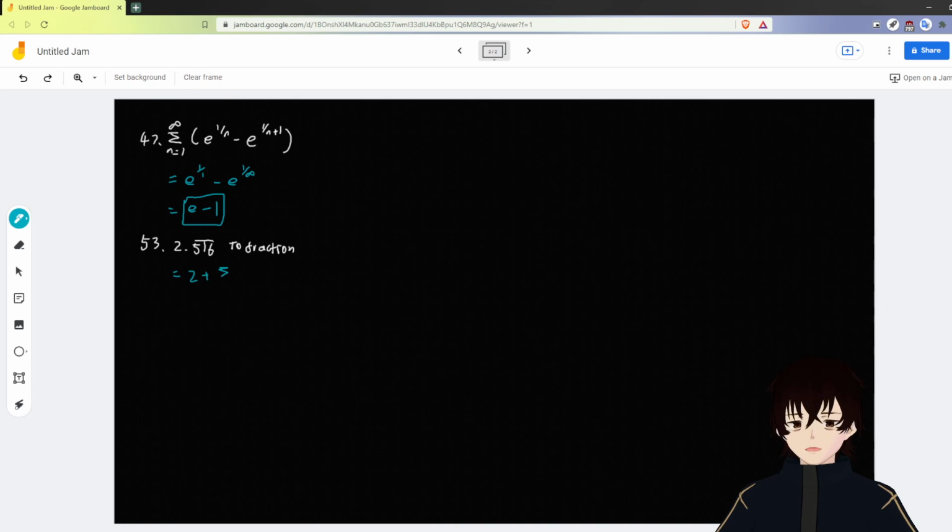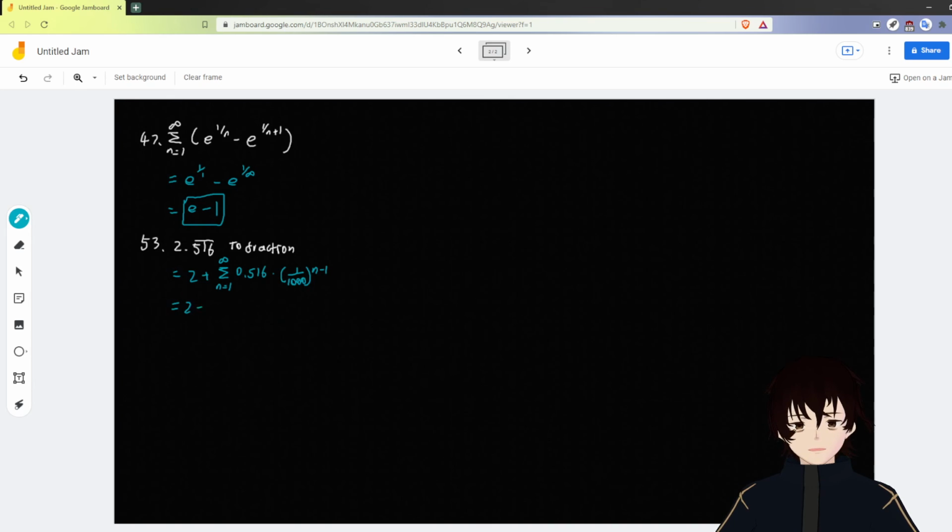The sum from n equals 1 to infinity of 0.516 times, rather this would start at 0. Let's say 1 over 1,000 to the power of n minus 1.